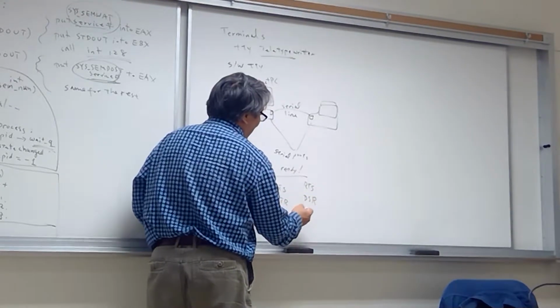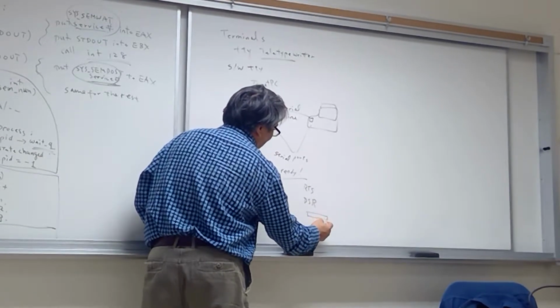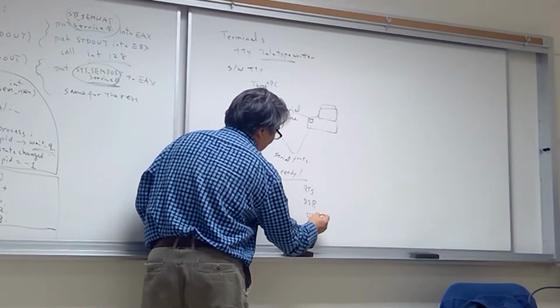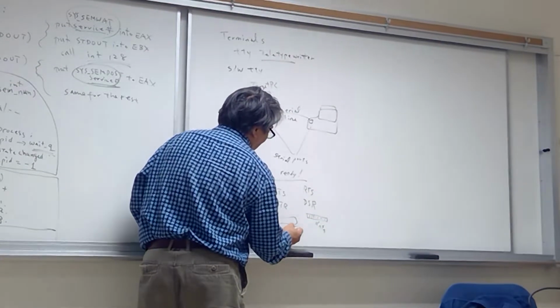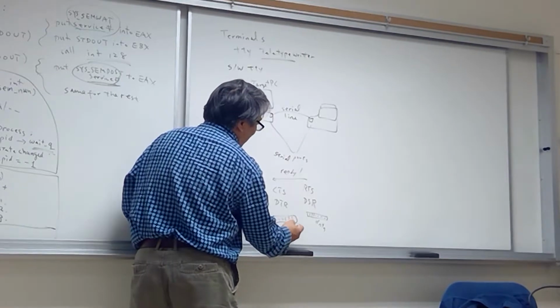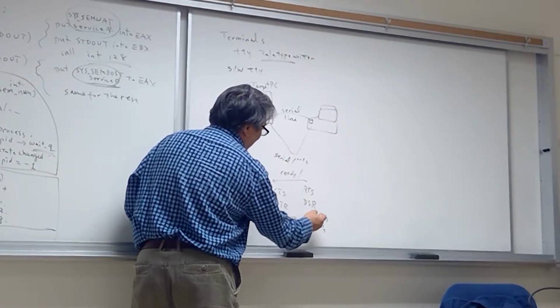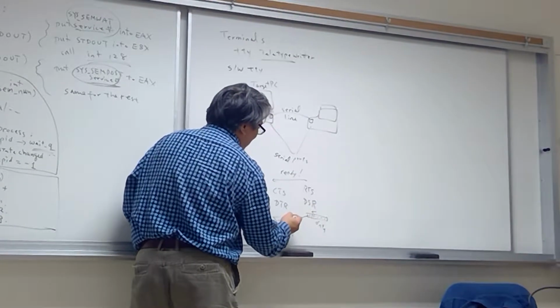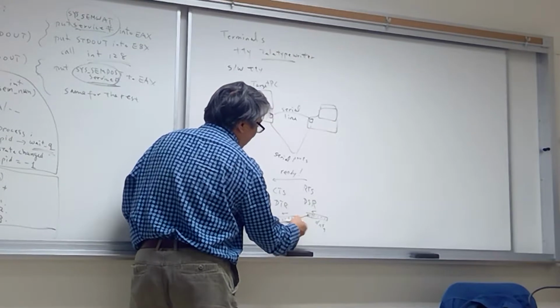It's on this side. So data set ready is that the data register is ready to send, has data to send. And then data terminal ready is the receiving side, the data register ready to receive. And then this goes through the shift register to shift the bit out, and then shift the bit in.